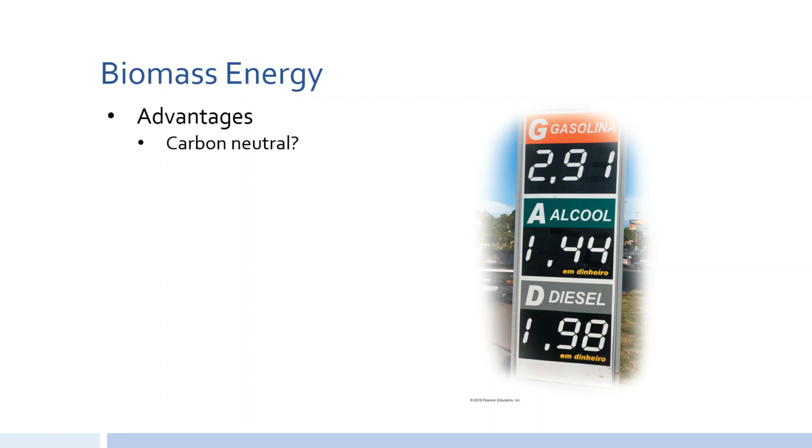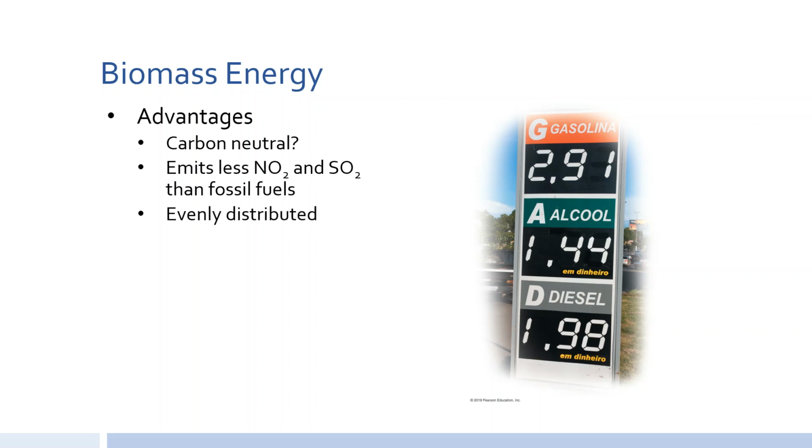But there is a lot of carbon cost in producing that biofuel, because generally speaking, the way that we farm uses a lot of fossil fuels. So often you're using fossil fuels to grow these quote unquote carbon neutral fuels. They emit less nitrous oxide and sulfur dioxide than fossil fuels. They can be fairly evenly distributed.